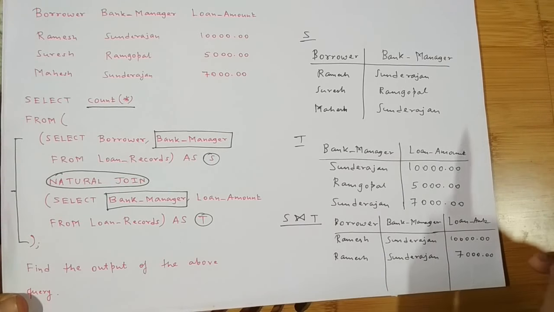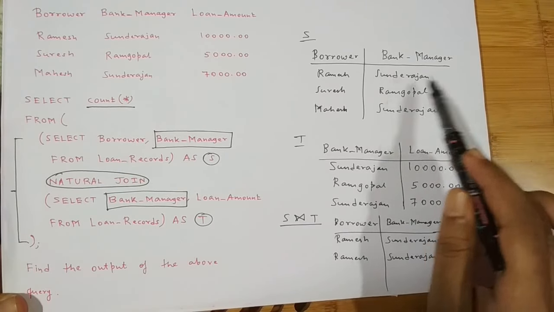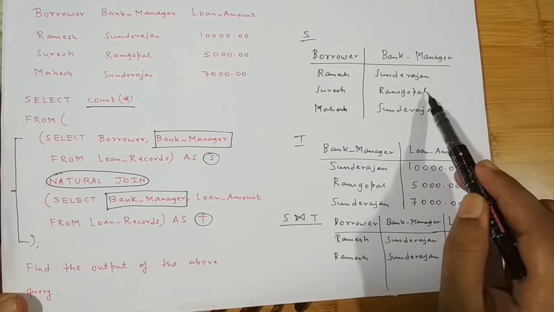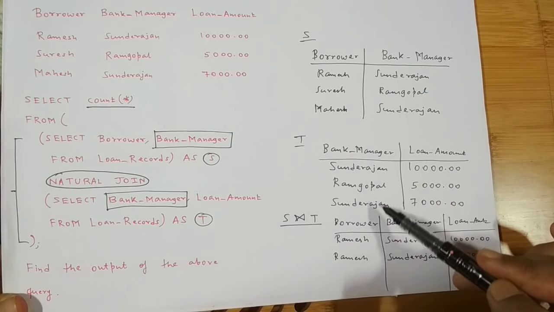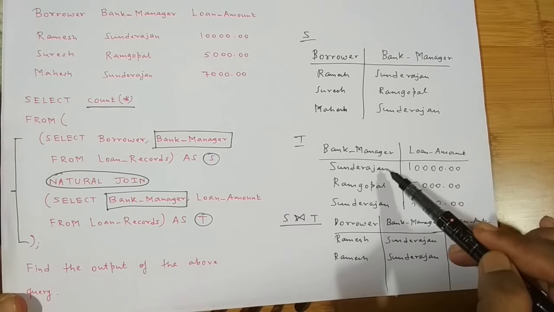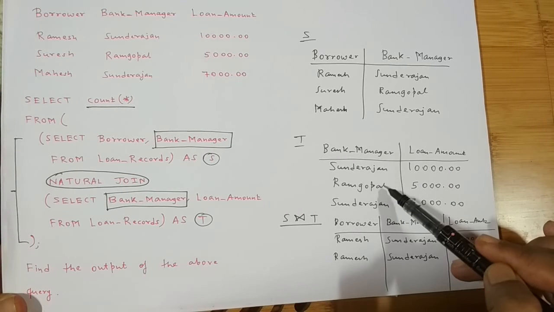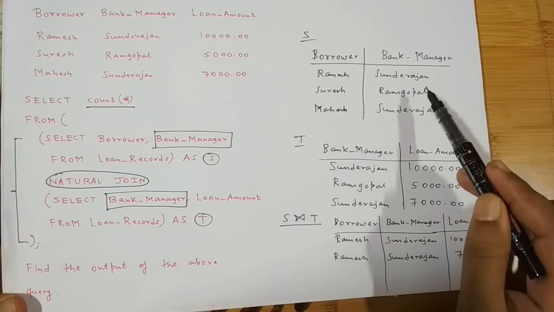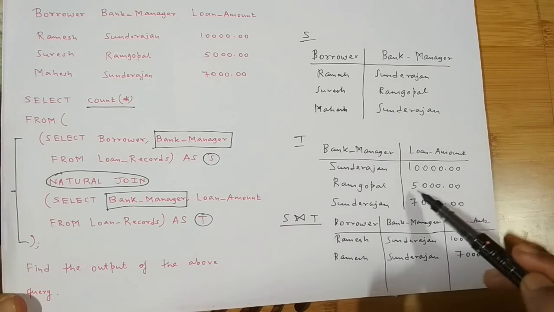Right? And now I am done with the first row of table S. Now I'll take the second row and check with each of the rows in table T. Now see, we have Ram Gopal here, which doesn't match with the first row, but matches with the second row. So we have Suresh, Ram Gopal, and 5,000.